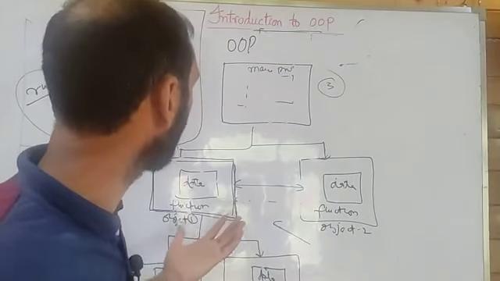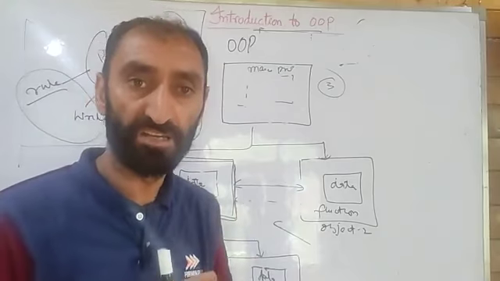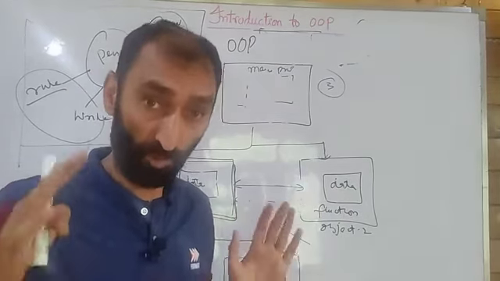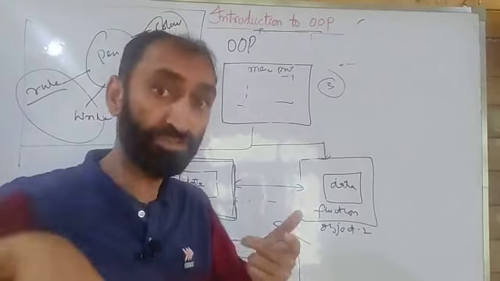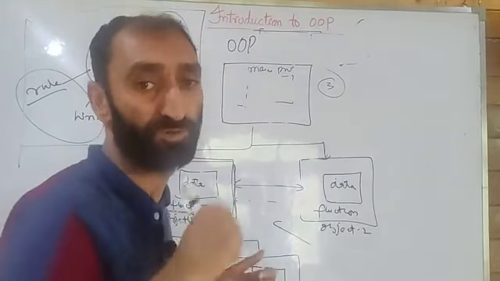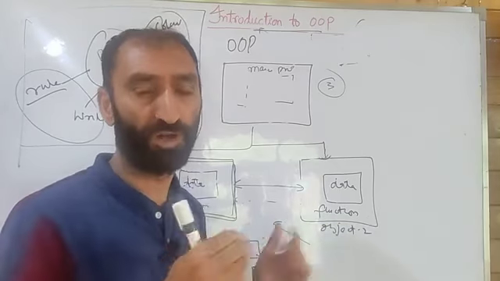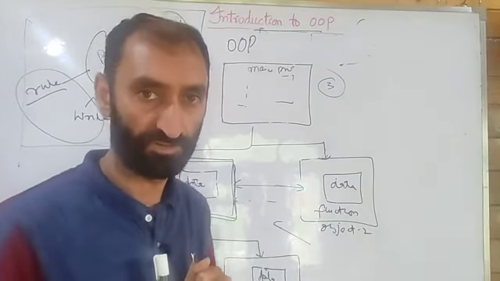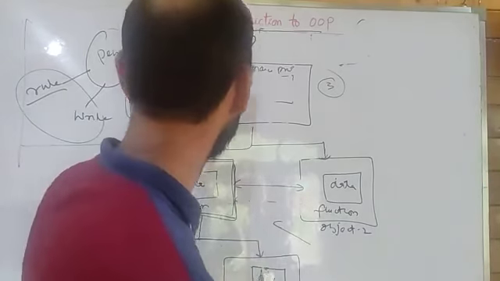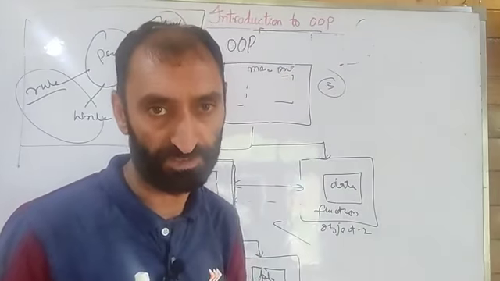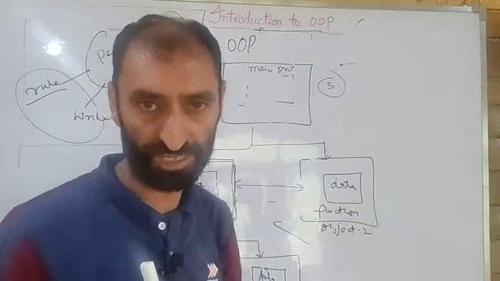C++ is an object-oriented programming language, not purely object-oriented, but it supports the various features of object-oriented programming languages, while Java is a pure object-oriented programming language.